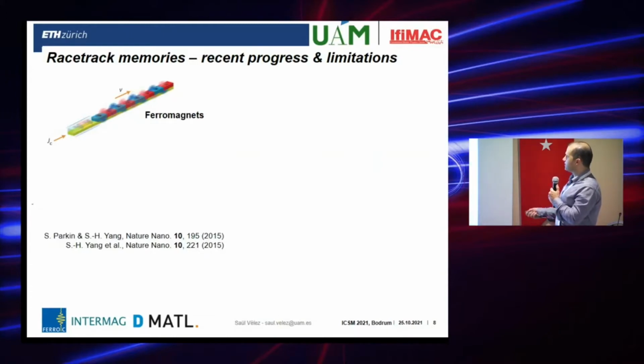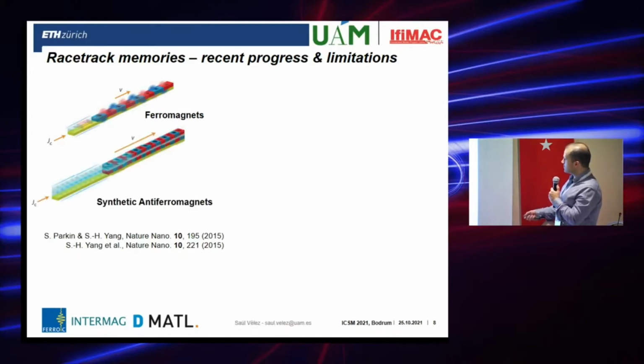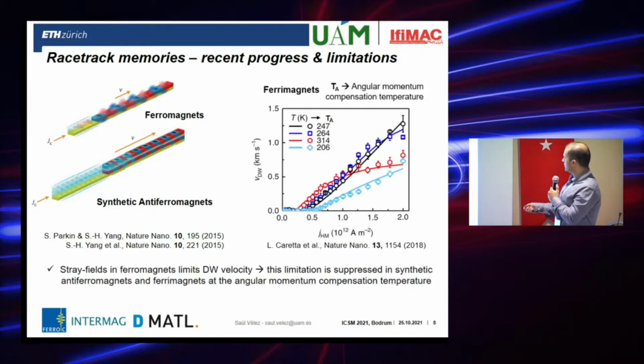So what are the current limitations of these technologies? Essentially with ferromagnets, you have stray fields, and these stray fields stabilize the motion of the domain walls driven by charge currents. So one could think about preparing synthetic antiferromagnets, in which you basically compensate the magnetic moments by two layers coupled antiferromagnetically, or you could work with ferrimagnets that have much smaller magnetic moment.